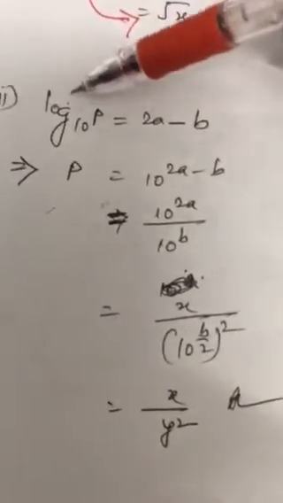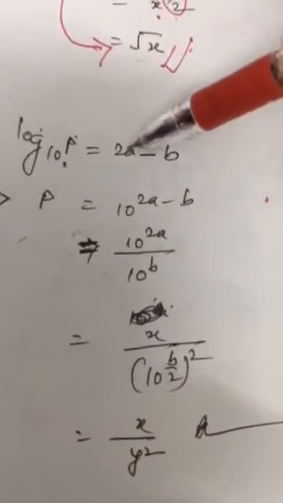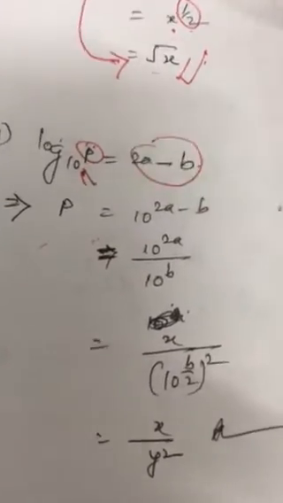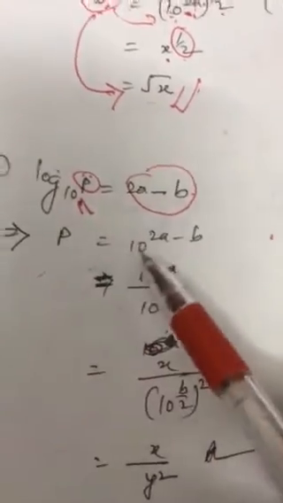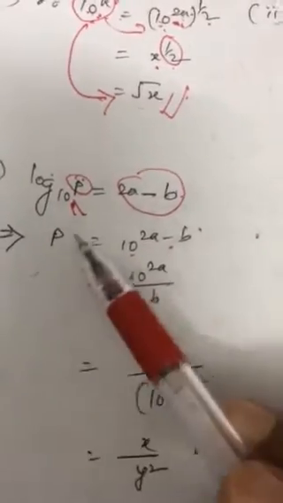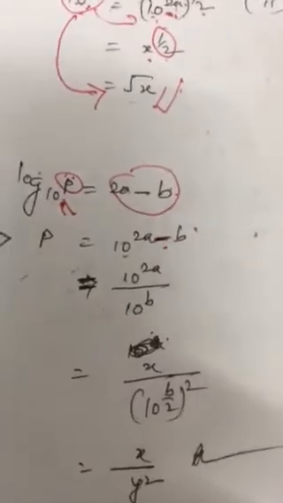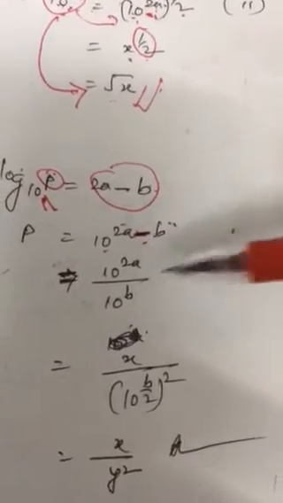Similarly, log of p to the base 10 is 2a minus b. So p equals the base to the power of this log. Since the power is a difference, it is the case of division.